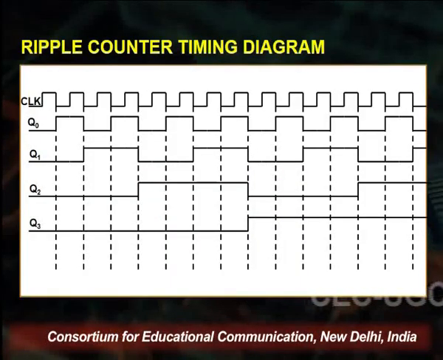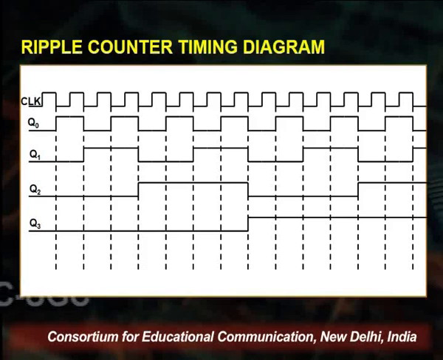So if we look at the first negative going edge, we see that Q0 goes high, whereas Q1, Q2, Q3 remain low. At the next falling edge, we see that Q0 goes low, Q1 goes high, Q2 and Q3 remain 0, 0.